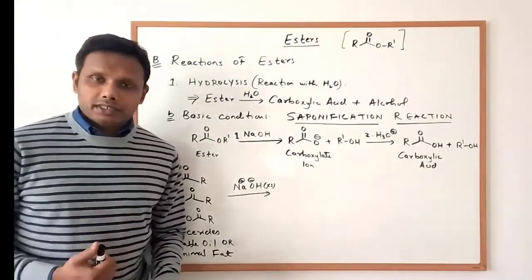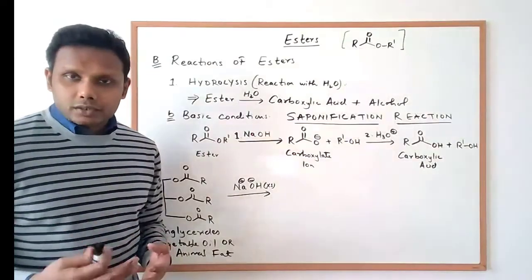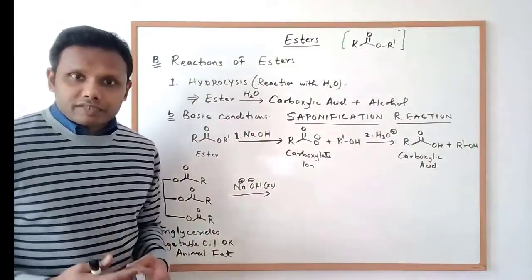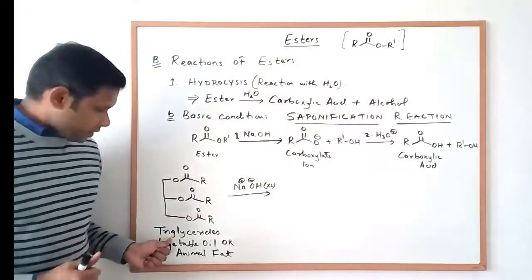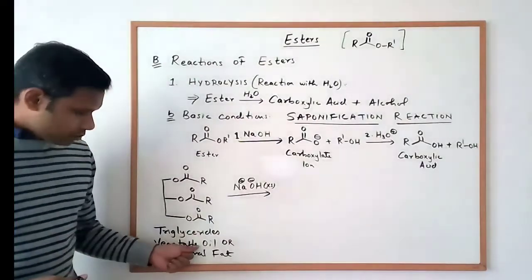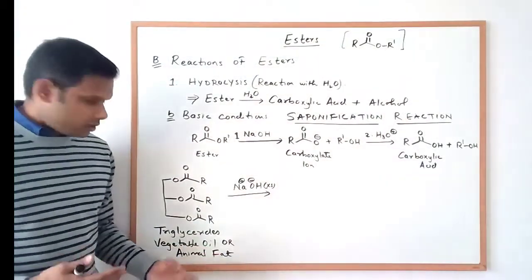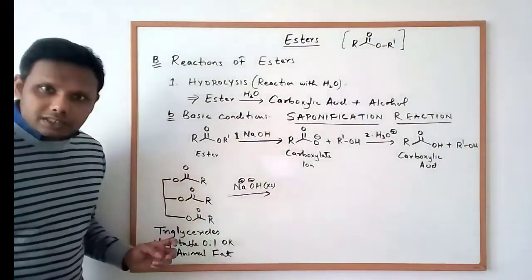Soaps were traditionally synthesized by the saponification reaction of esters. But these esters are specific molecules. They are triglycerides, okay? These are the molecules that make up vegetable oil or animal fat. So the molecule of vegetable oil or animal fat looks like this.